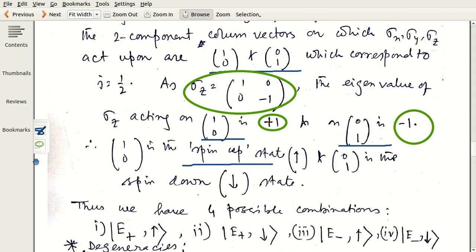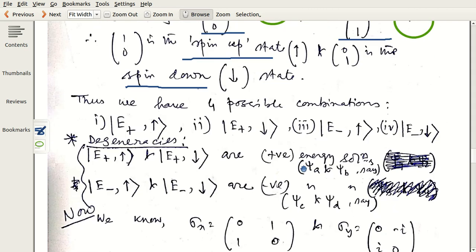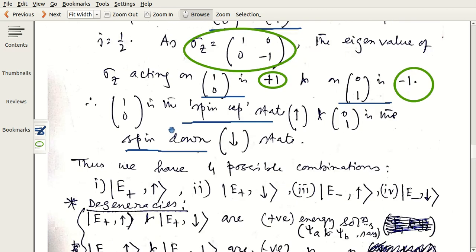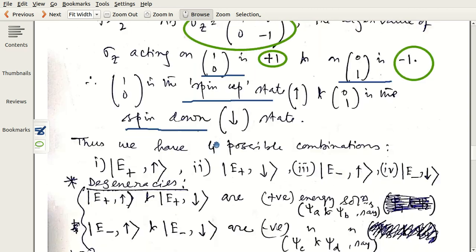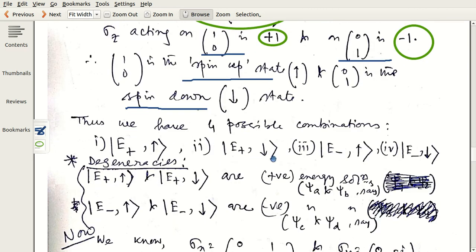We all know these things, and 0 1 is the spin down state. So we have 4 possible combinations. One is E plus, positive energy spin up. We use E plus, and then we use 1 0. Positive energy spin down, negative energy spin up, negative energy spin down.